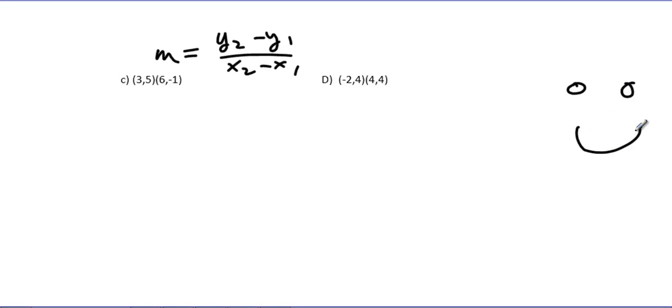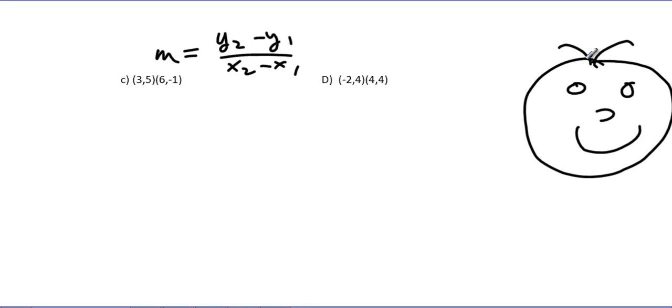So again, my formula is y2 minus y1 over x2 minus x1. Draw that smiley face there if you want credit for your homework tonight. Here's x1, y1. Here's x2, y2.